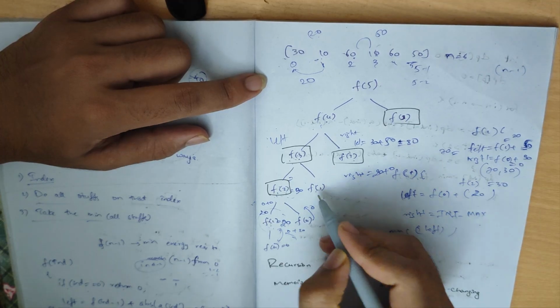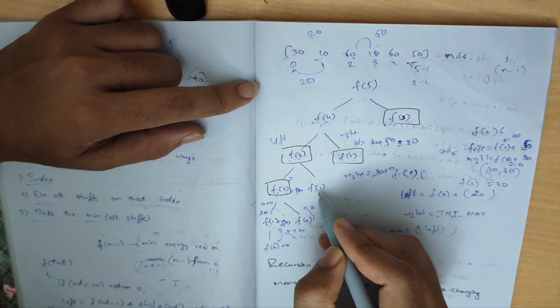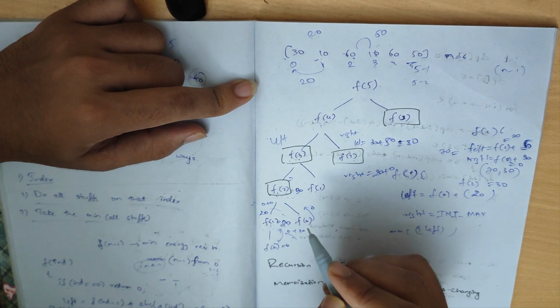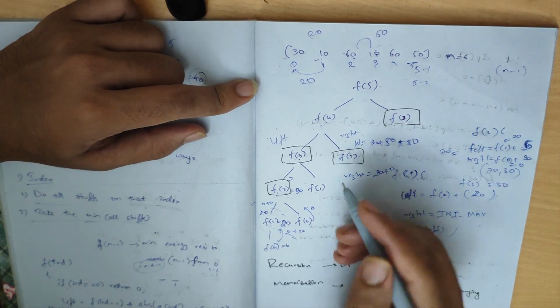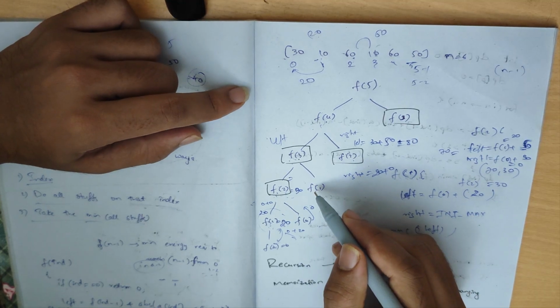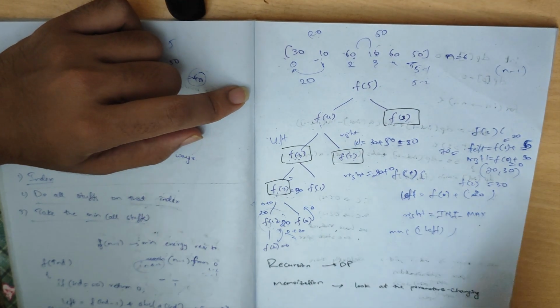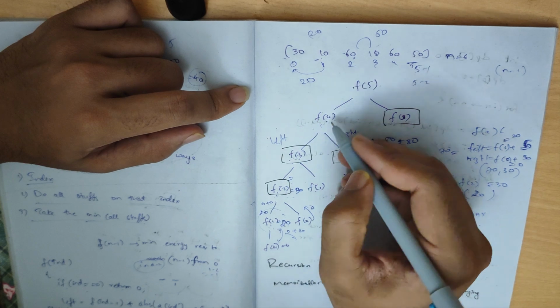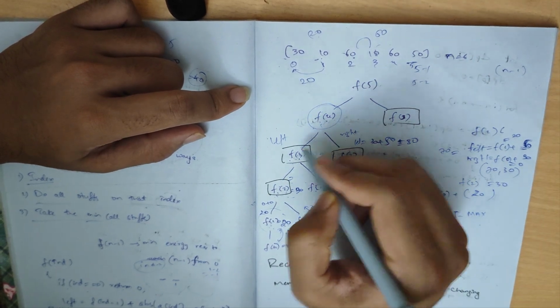Here, will you once again go for the f of 1 function and find the f of 1 value? This is basically an overlapping problem. You will go to the DP array and find the f of 1 value, and I will show you how. And in the same way, you will get f of 4 from f of 3.